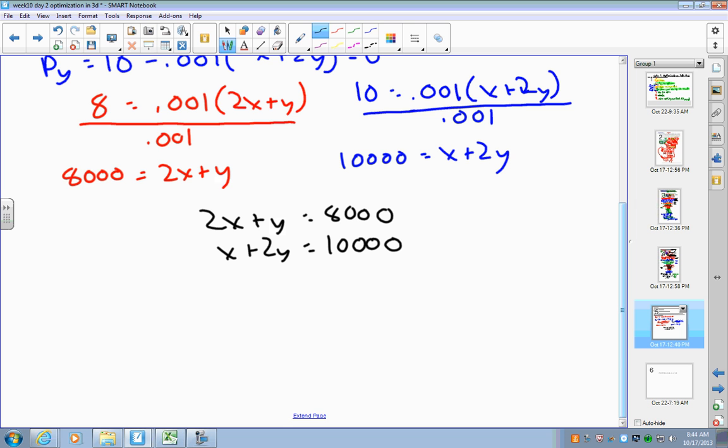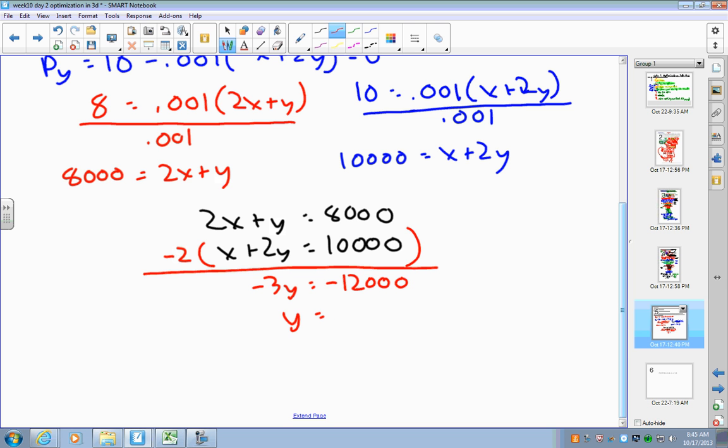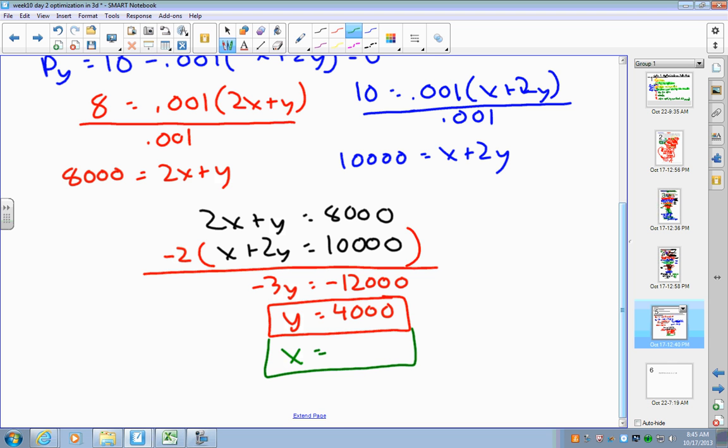And let's multiply this guy by -2 and subtract. Goes away. Y minus 4y is minus 3y is 8,000 minus 20,000, negative 12,000. So y equals 4,000 units. And you can plug that back in to get x. And you would get x is 2,000 units.